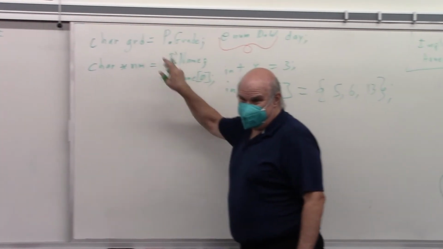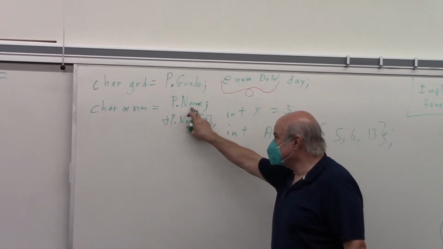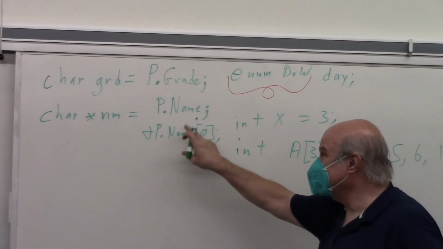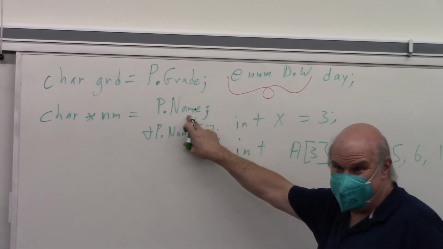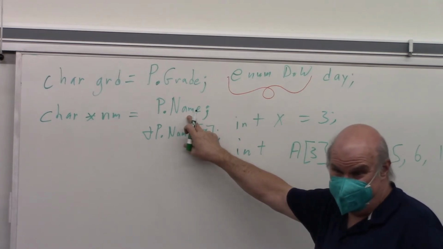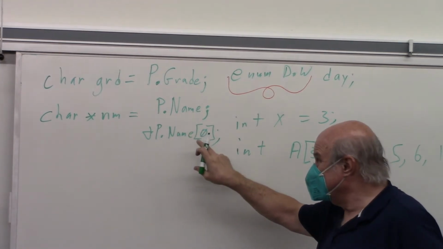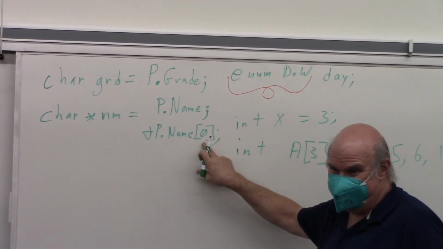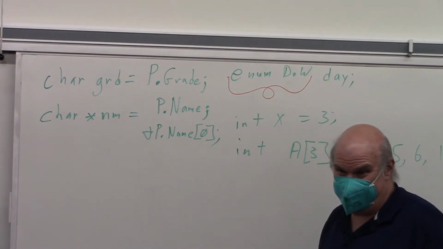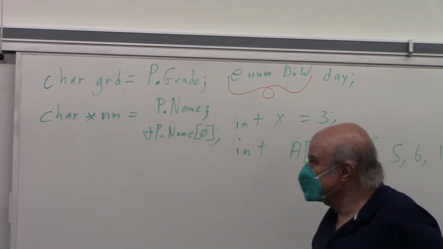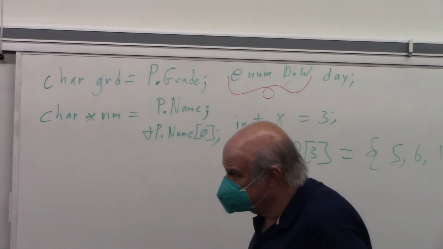This is just reviewing that an array by itself without a subscript is a pointer. When you give it a subscript, you have to then give it a reference to make it a pointer. Okay, and lastly, numeric grade.